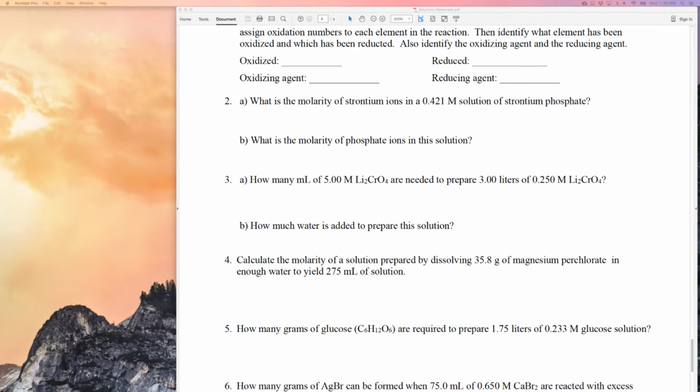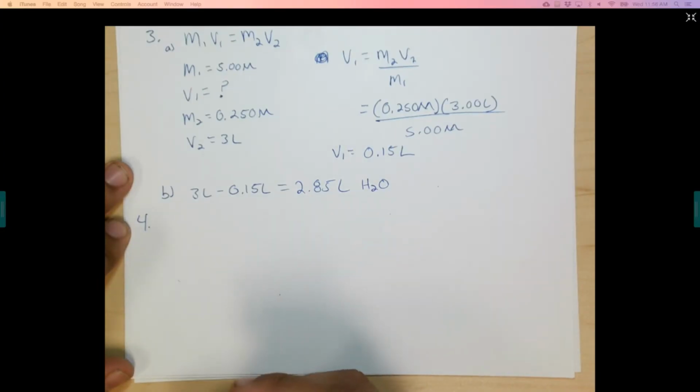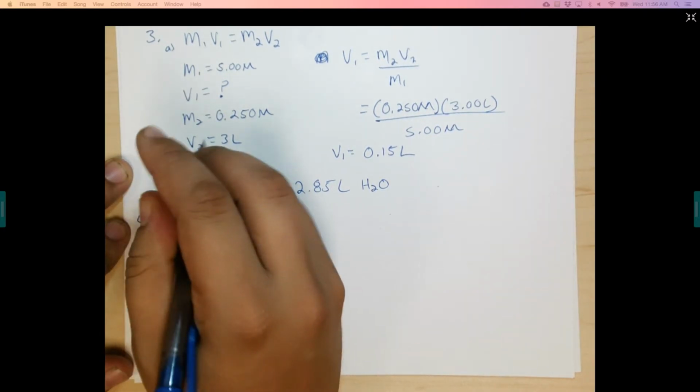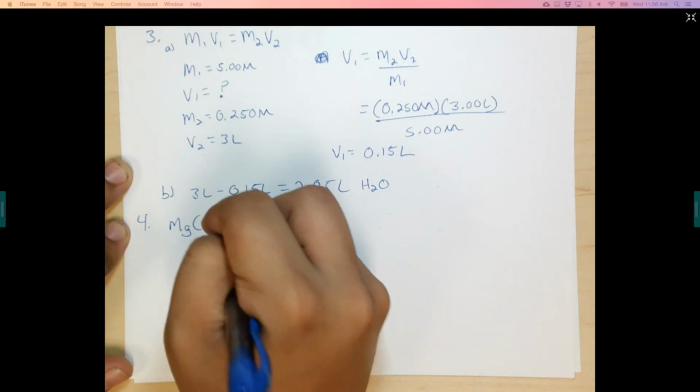Number 4 asks us to calculate the molarity of a solution prepared using 35.8 grams of magnesium perchlorate, in enough water to give a solution of 275 milliliters. How do we approach that? First, we need to go from the name to the formula. Perchlorate is ClO4 minus, so magnesium perchlorate is Mg(ClO4)2.